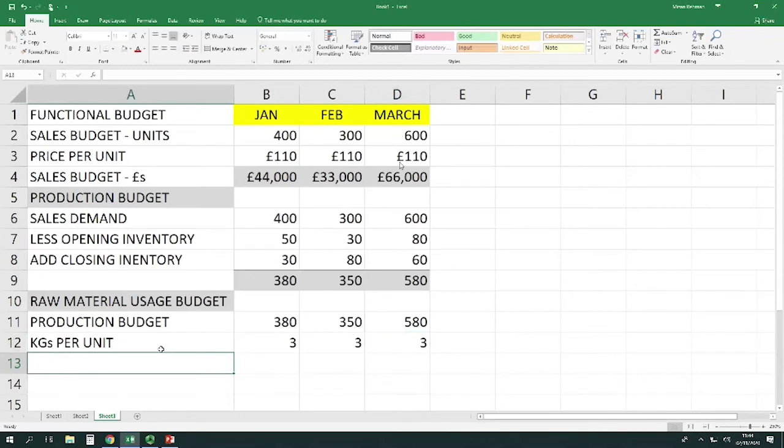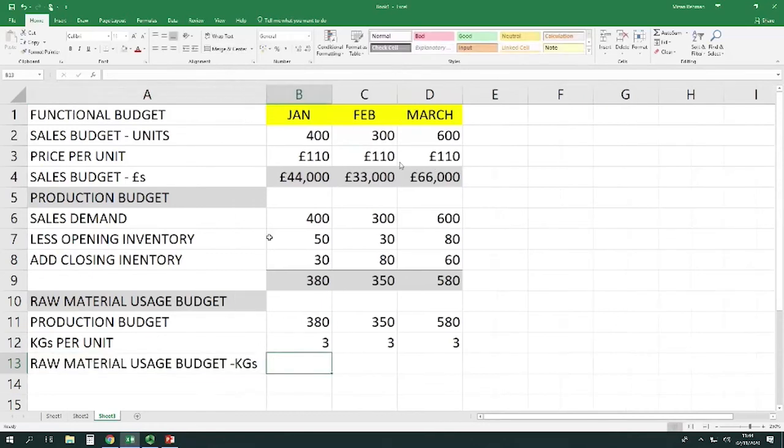So we have the raw material usage budget, and let's write down kgs there. Times, so we get how much we will use.